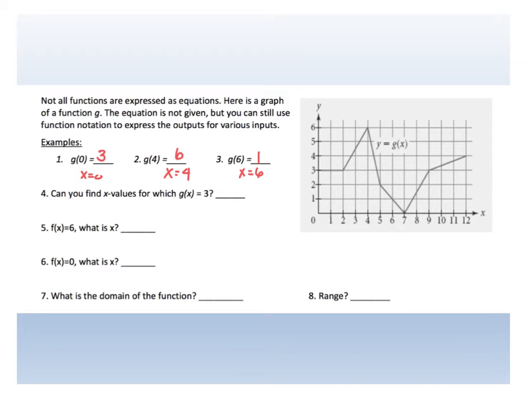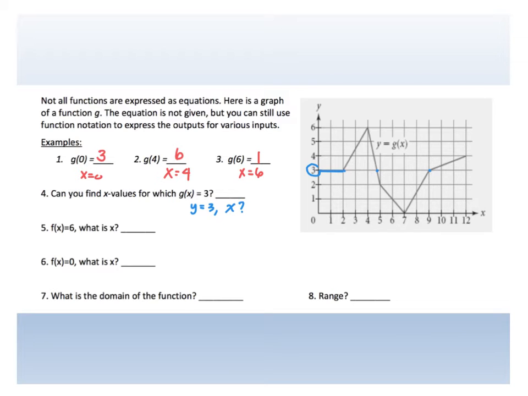All right. It says, can you find x values for which g of x is equal to 3? Basically this question is telling you that y is equal to 3. What does x equal? If you notice, right here, you have this line, and it's this whole entire segment. It touches here, right?